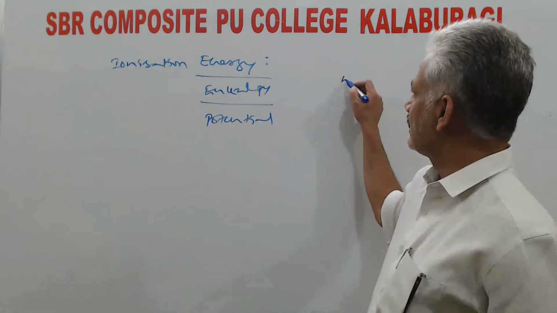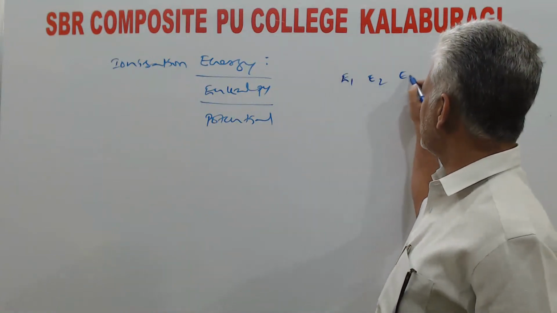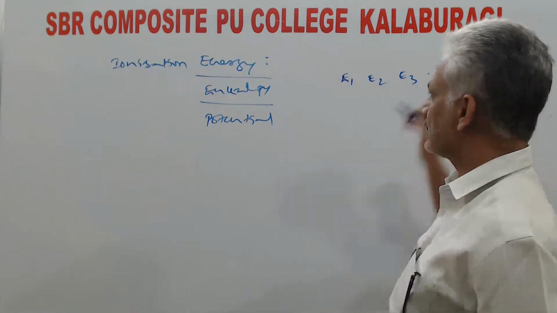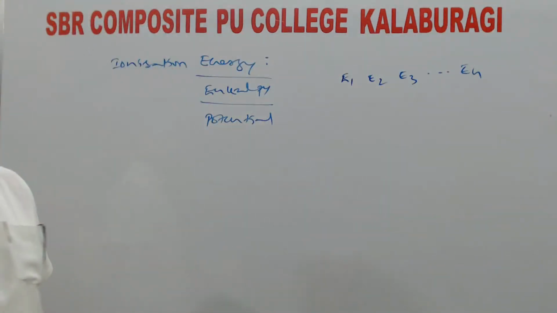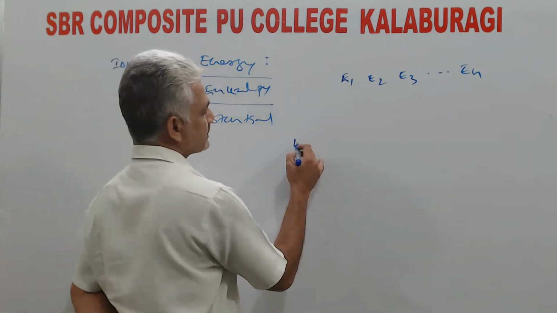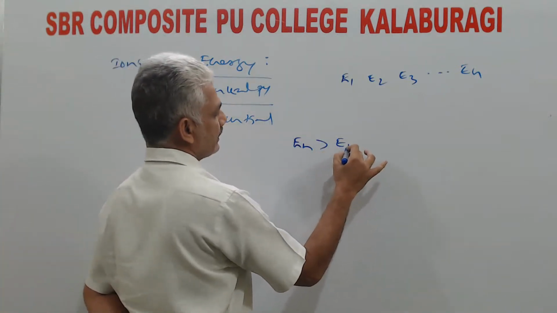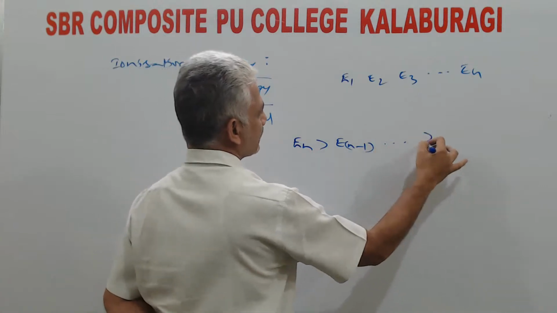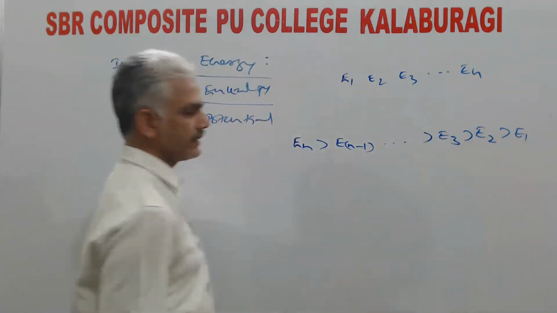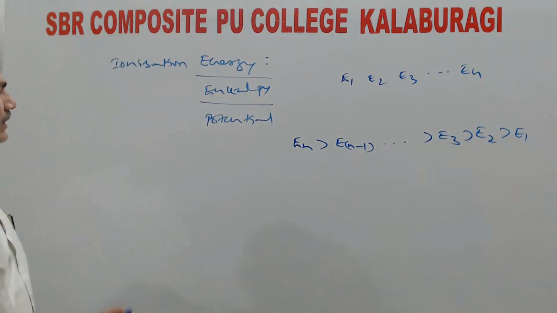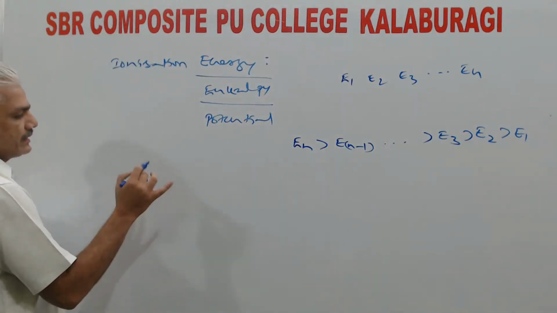So, if E1, E2, E3, so on, En are the various ionization energy values possible for an element, it is always En greater than E(n-1), E3 greater than E2 greater than E1 itself. Say for example, you take the case of lithium.